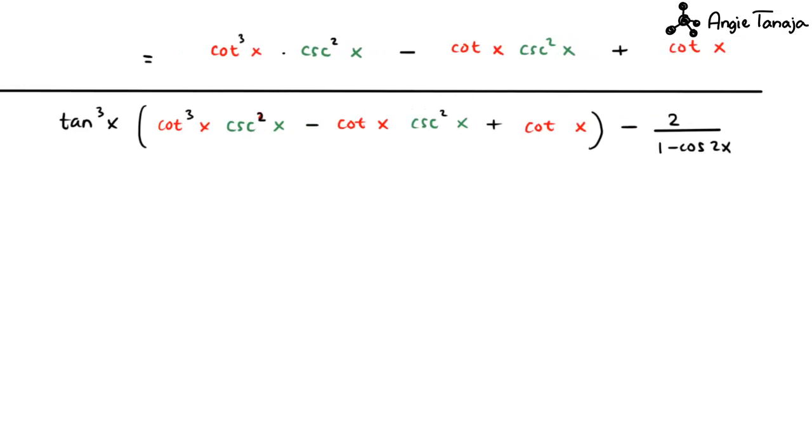Can we do something with this? Firstly, ya, berarti ini kan bisa pecah lagi. So this will be cosecant square x minus tan kuadrat x cosecant kuadrat x.